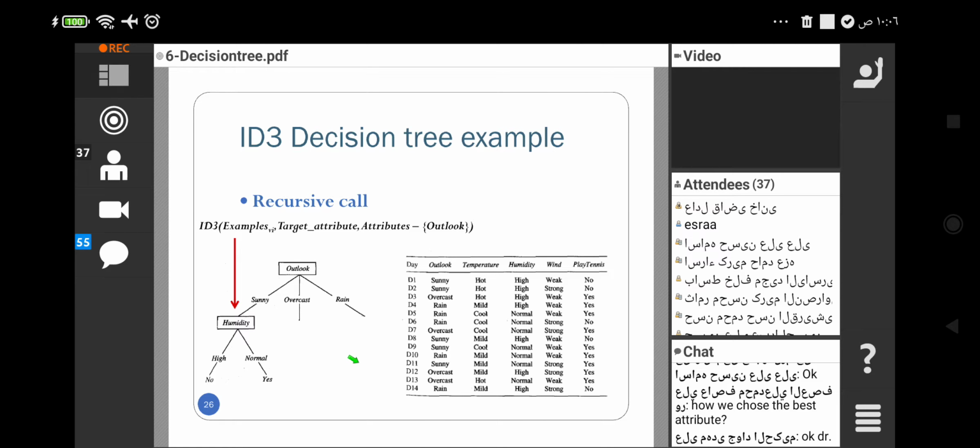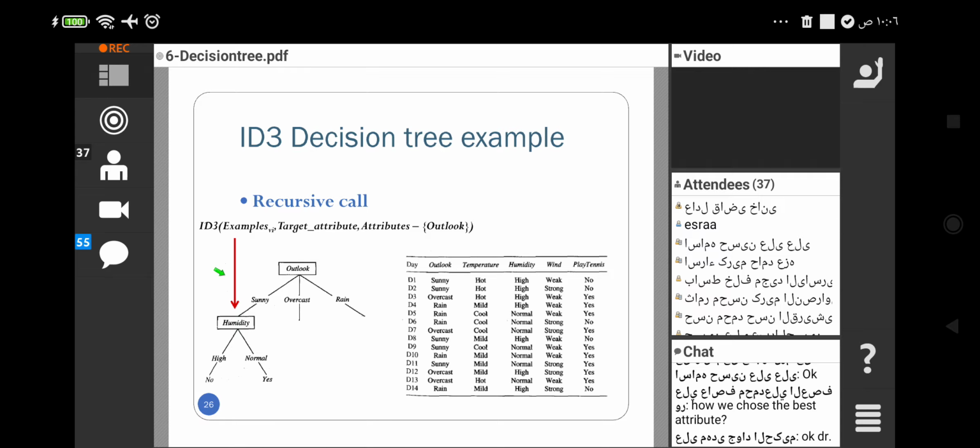We check these 5 data only, not the rest, because in the rest of the data the outlook is not sunny. In this data we ask, are all of the data positive? We check it. Here we have 2 negative, here we have 1 negative. So all of the data are not positive, all of the data are not negative, and we have 3 attributes.